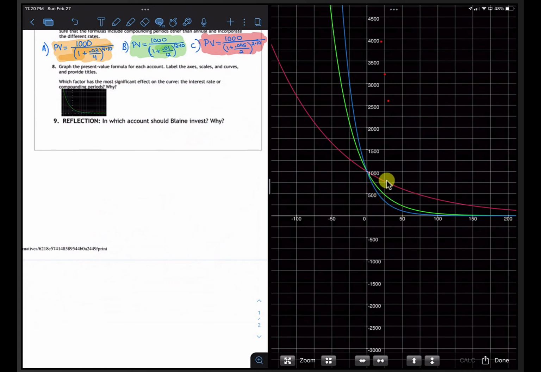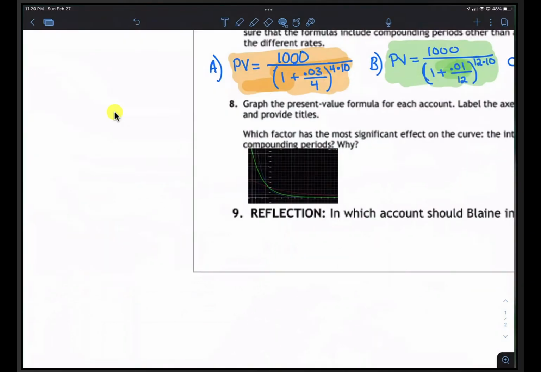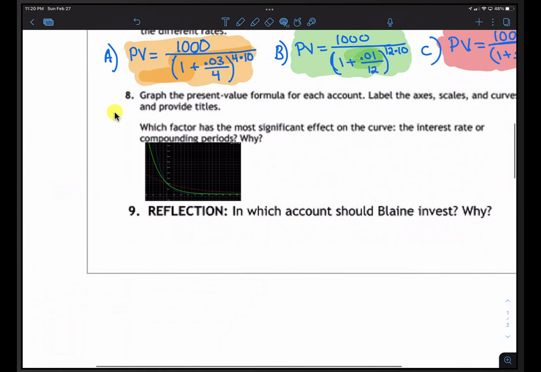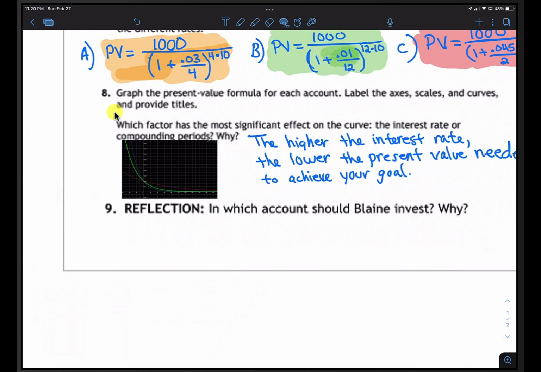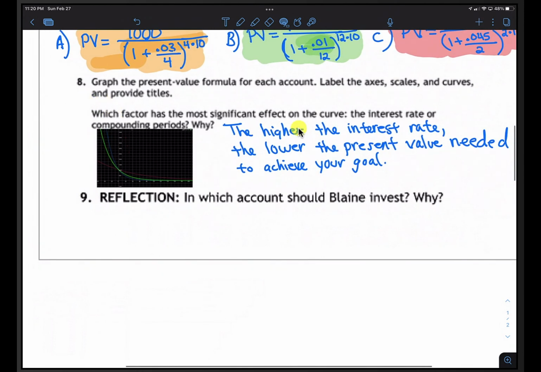And then the slowest one to decrease is the one with the 1%. Okay? All right, let's go back to the page. And here's what we can say. The higher the interest rate, the lower the present value is needed to achieve your goal.